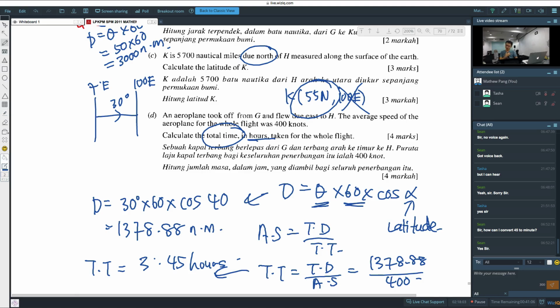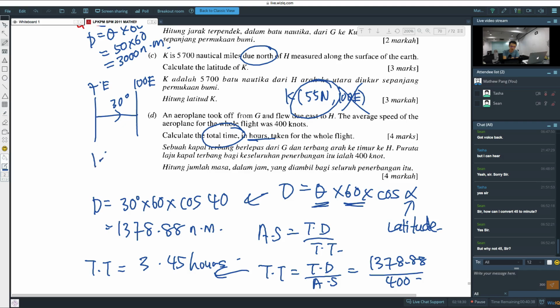Oh, this is 0.45 hour, it's not 45 minutes. Let's say I say 1.5 hour. Does it mean 1 hour 5 minutes? No, definitely not, because 1.5 hour is 1 hour 30 minutes.